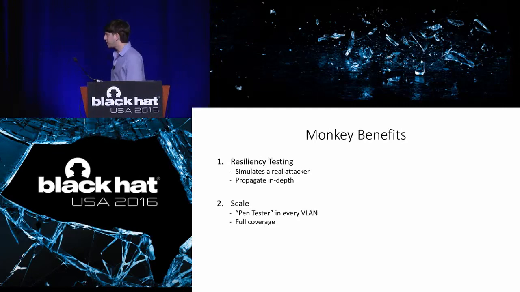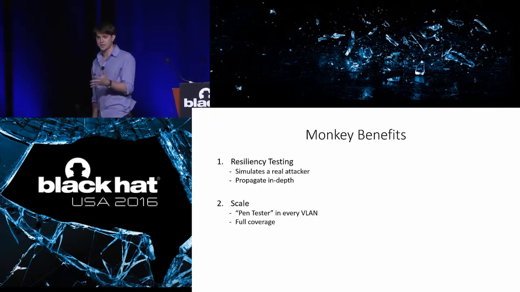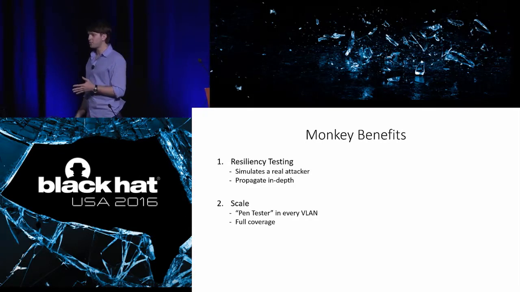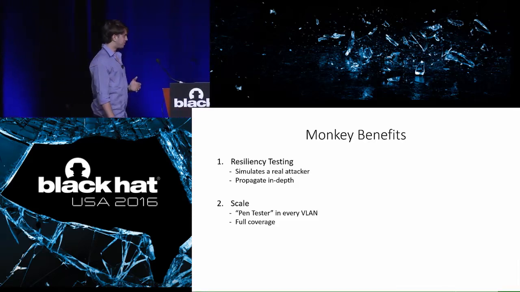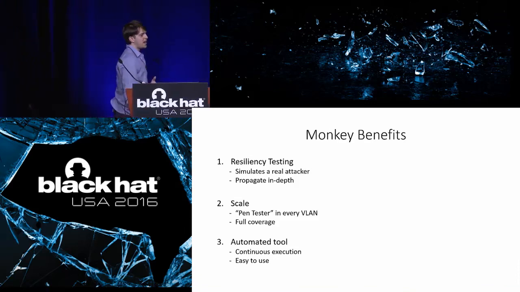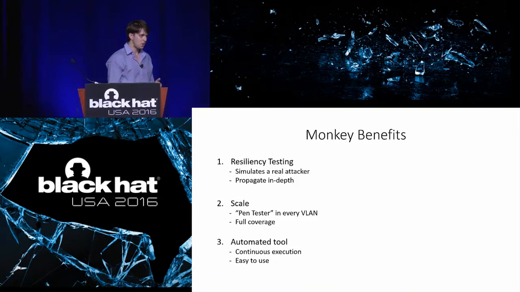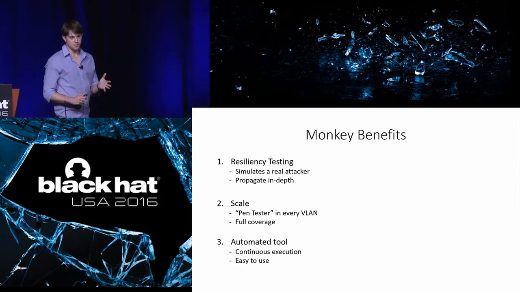This methodology can be replicated across networks, VLANs, subnets, etc. And what we get from it is a test covering an entire data center. The Monkey is an easily activated open source tool which doesn't require special expertise or budget allocation.